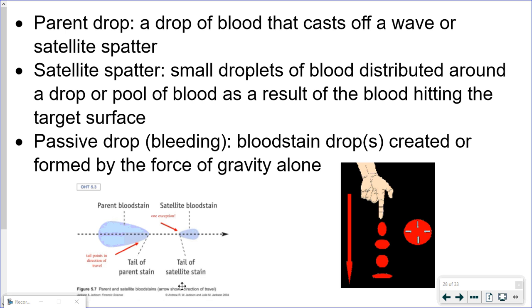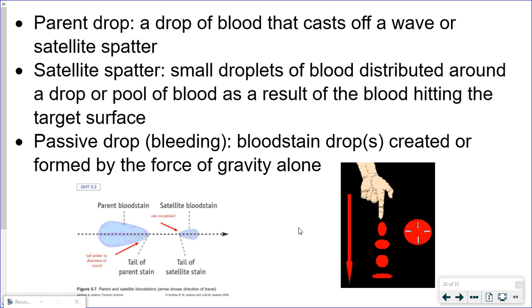Down in the bottom left, we have a picture of this. We have a parent drop that comes in, and then it continues, and there's a secondary drop off of it. Or you may have sprays that come off of it. One thing to note is the satellite tail points in the opposite direction of the tail of the original droplet.